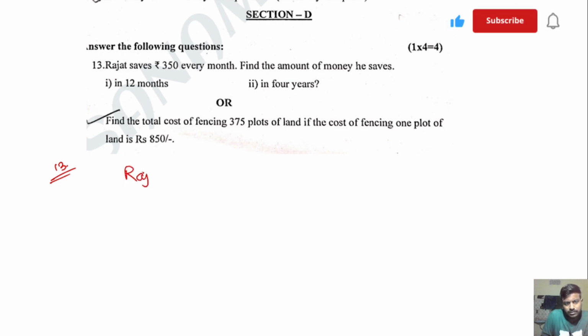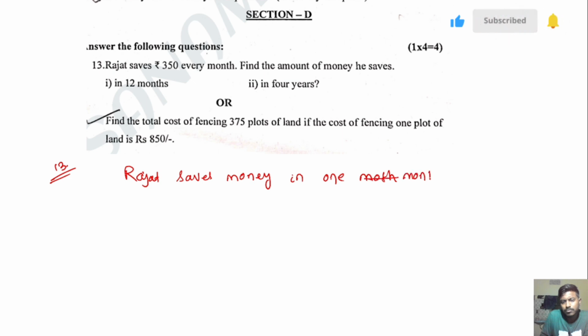Rajat saves money in 1 month equal to rupees 350.